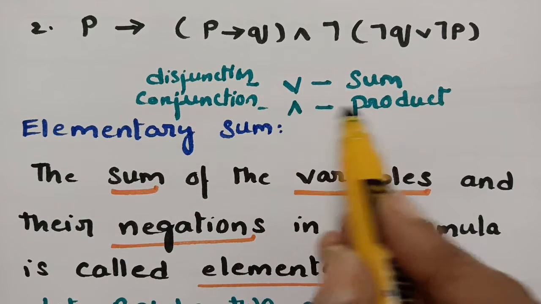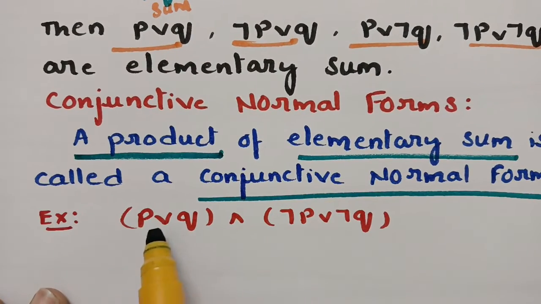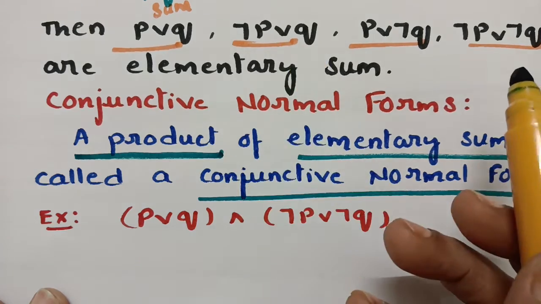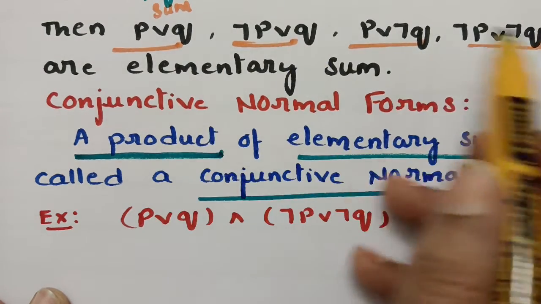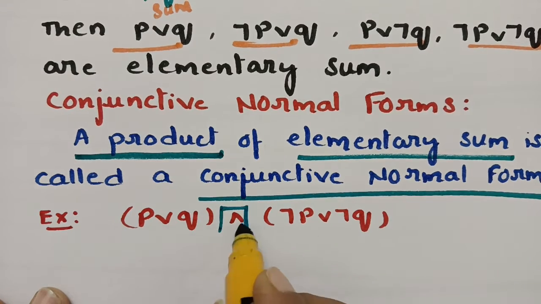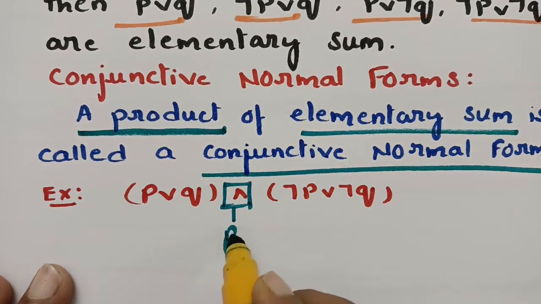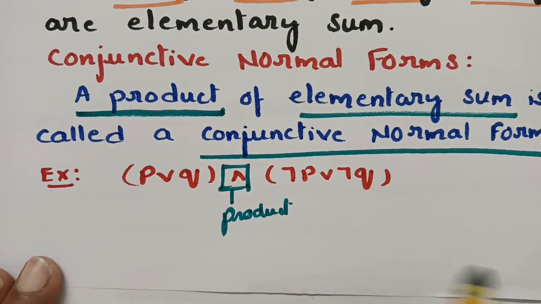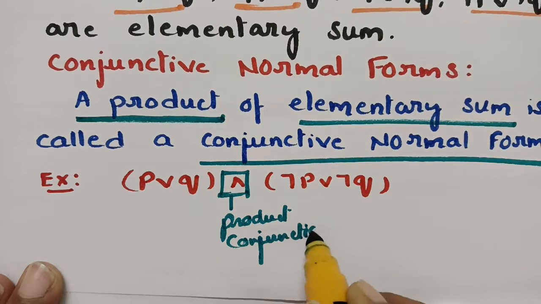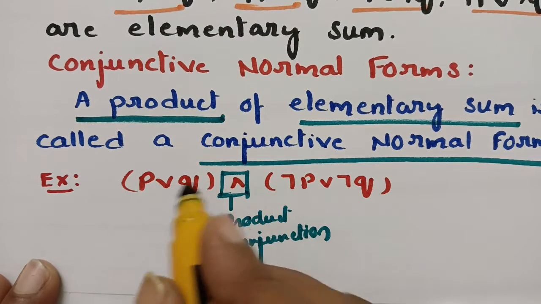If you take two sums here, P or Q and negation P or negation Q, and in between these two there is a product symbol, this symbol is nothing but the conjunction between these two elementary sums.